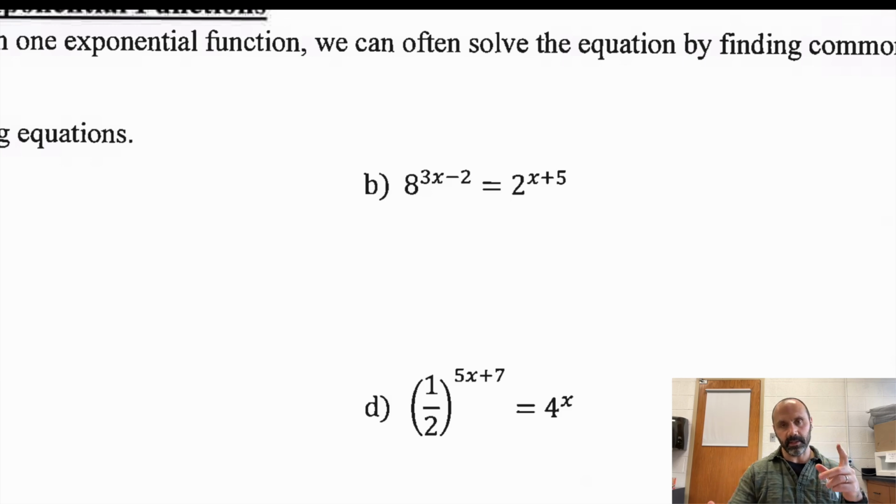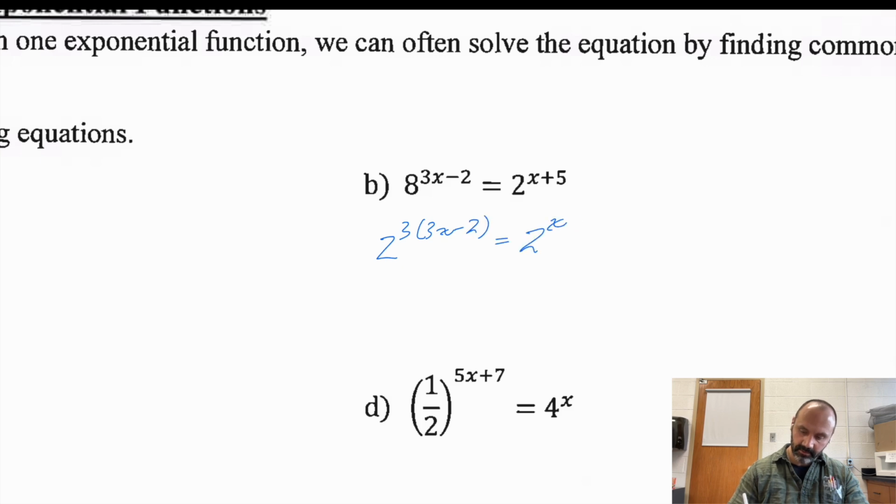Here, we don't have the same base, right, with example B, and so we have to create the same base. How are we going to do that? Well, 8 is the same thing as 2 to the third power, right? So that's like 2 to the 3 times 3x minus 2, which equals 2 to the x plus 5.